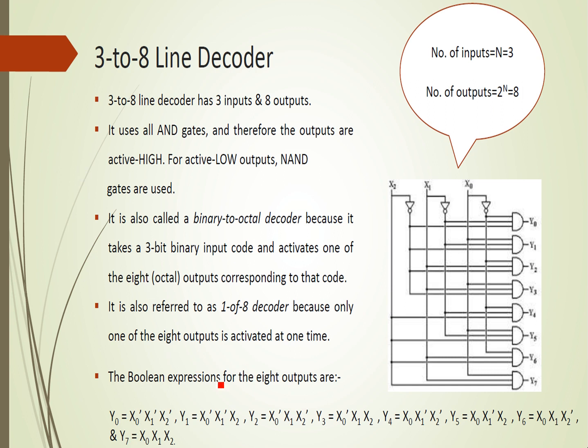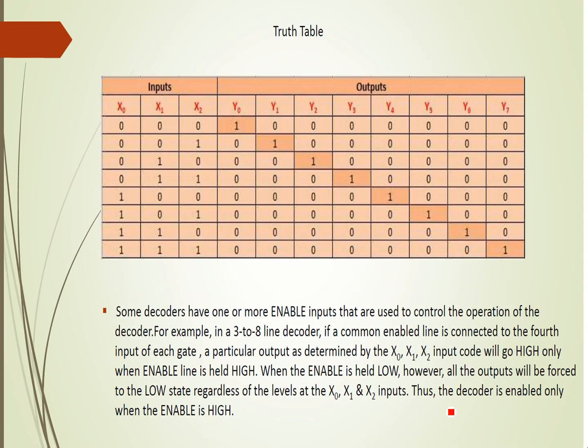And the Boolean expression for the 8 outputs are, so before discussing this, let's see the truth table of 3 to 8 line decoder. So here x0, x1, x2 are the inputs, and y0, y1, y2, y3, y4, y5, y6, y7, 8 outputs. So 3 inputs means there are 8 possible input combinations.